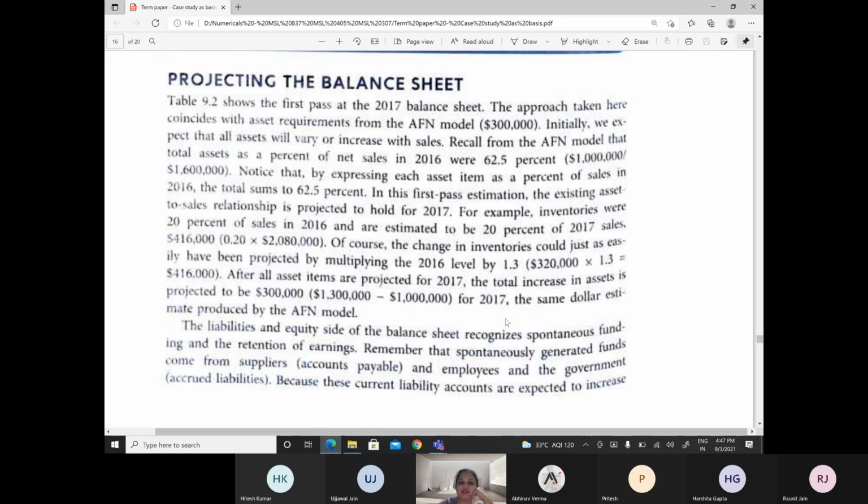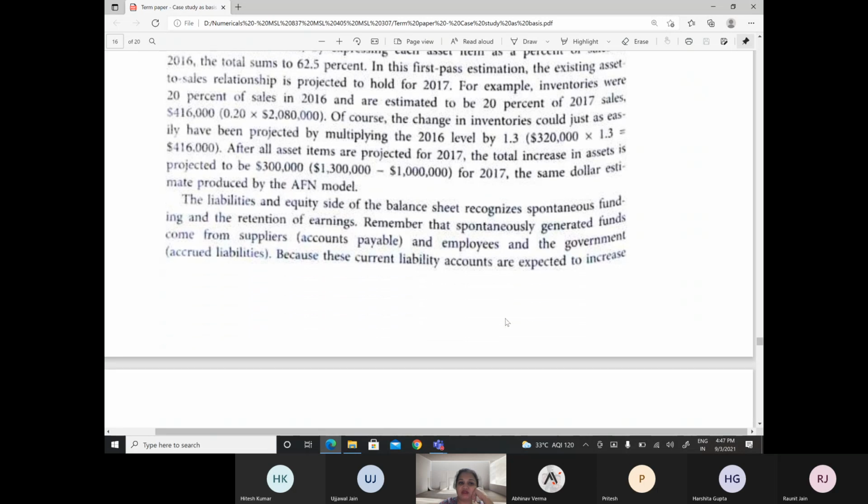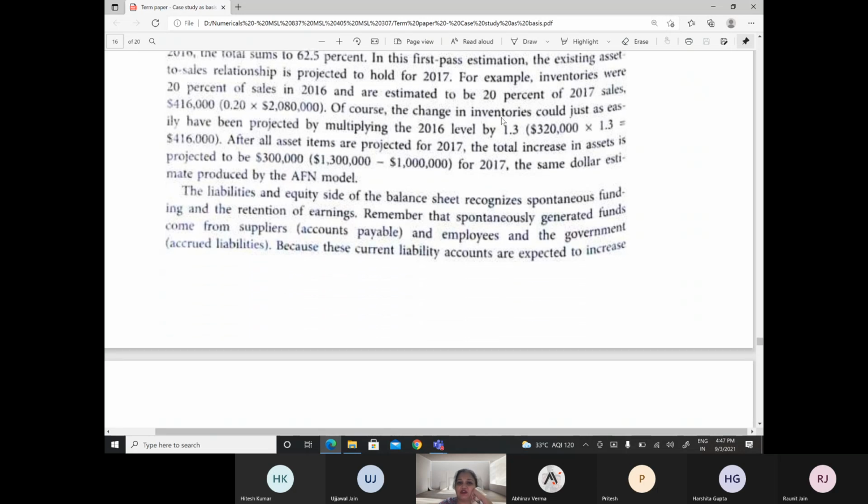So for example, inventories were 20% of sales in 2016 and are estimated to be 20% of 2017 sales. Of course, the change in inventories could just as easily have been projected by multiplying the 2016 level by 1.3. So we'll use the same ratio here as well in your balance sheet.